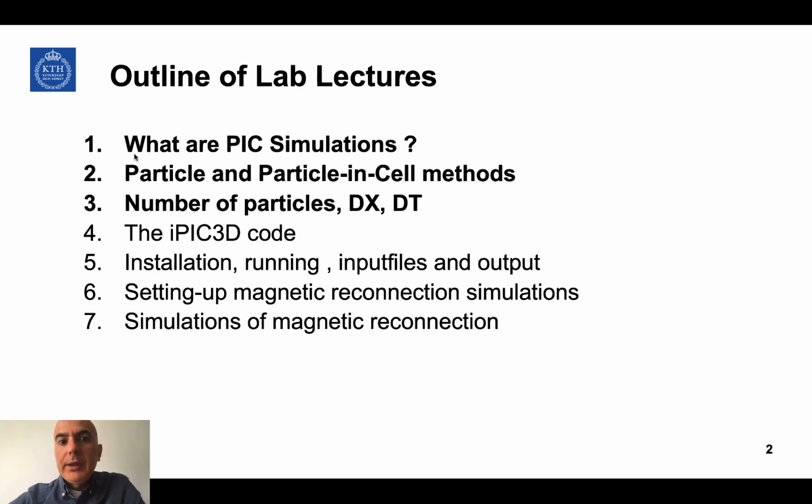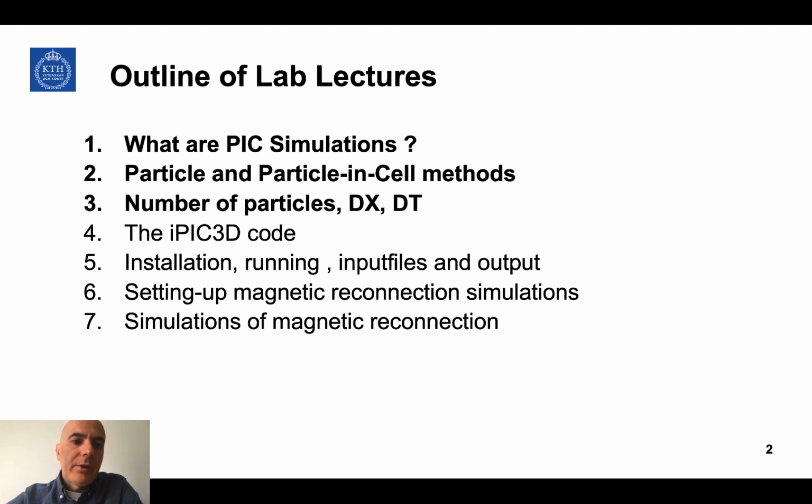What are PIC simulations and the particle-in-cell method, and which factors do we need to take care of when we simulate plasma for magnetic reconnection? Particularly, we will see the impact of particles, the grid spacing and the time step.